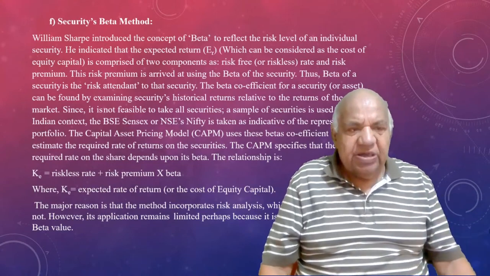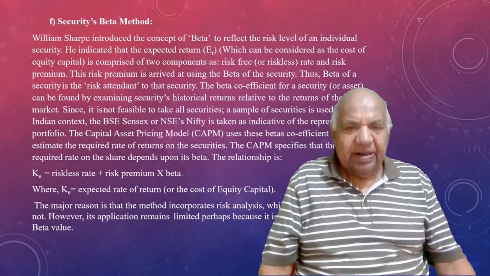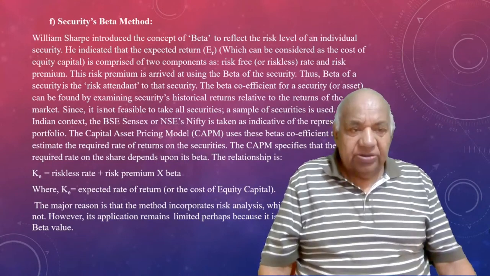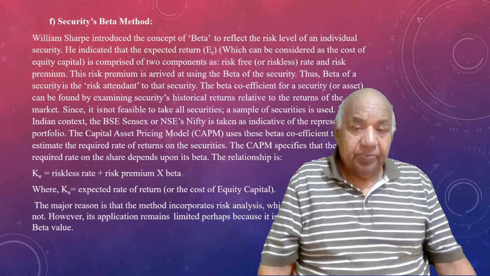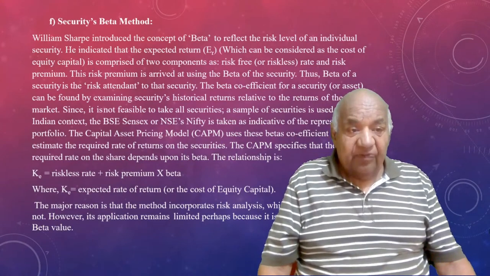Summation of these two is cost of capital. The risk premium is arrived at using the beta of the security. Thus, beta of security is the risk attendant to that security.